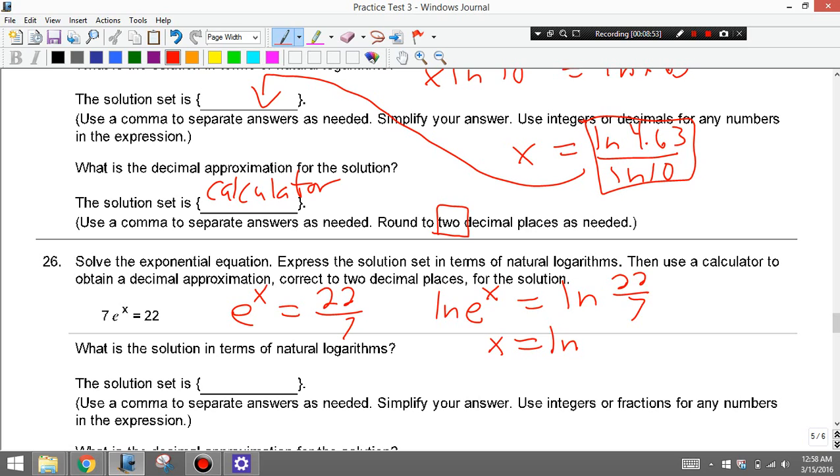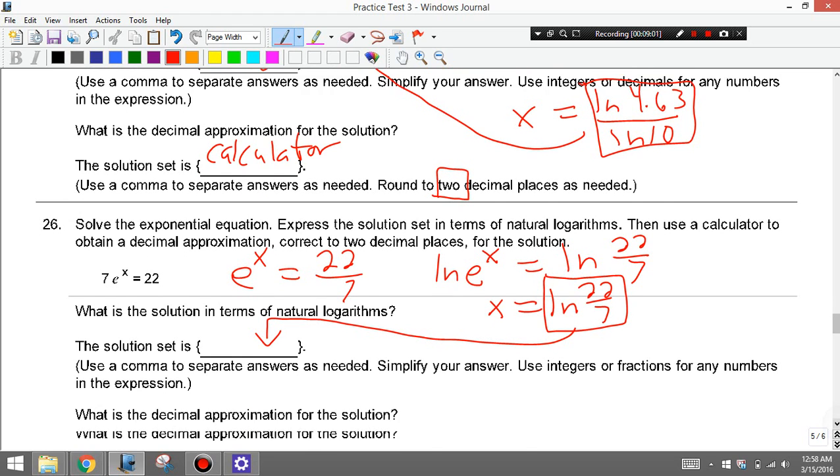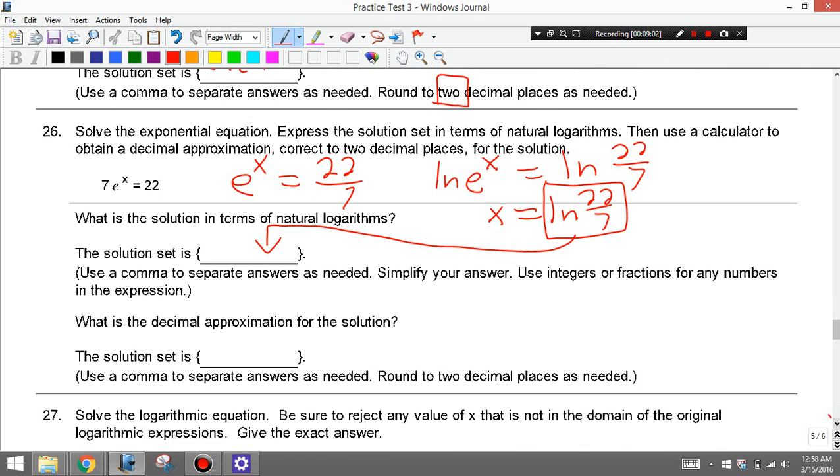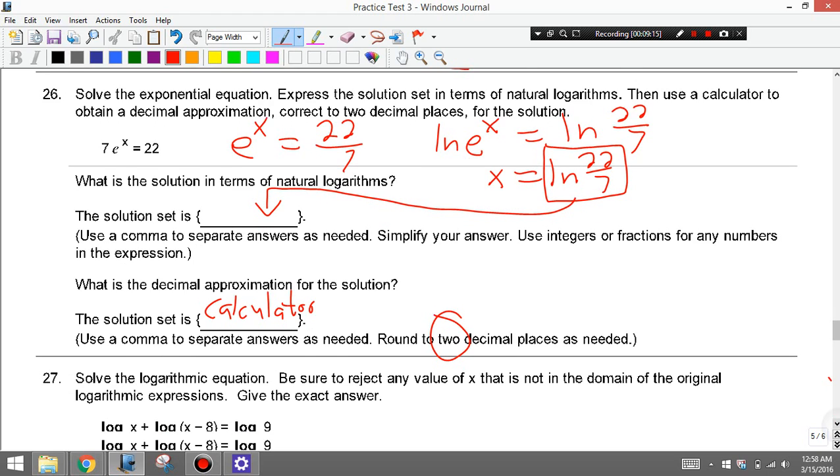It's the natural log of 22 over 7. And this thing in the box goes in there. And then the decimal approximation goes in here when you put that in your calculator. I guess I can do that here. I don't have a calculator down here though.